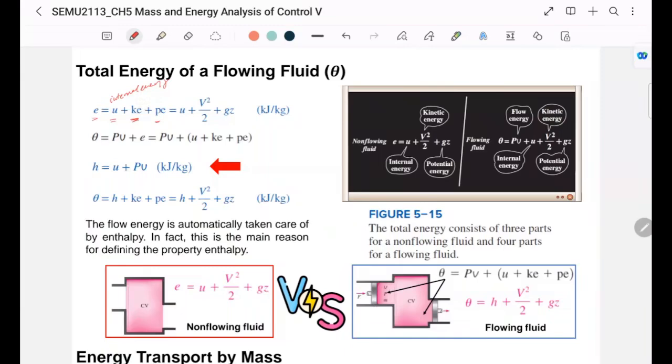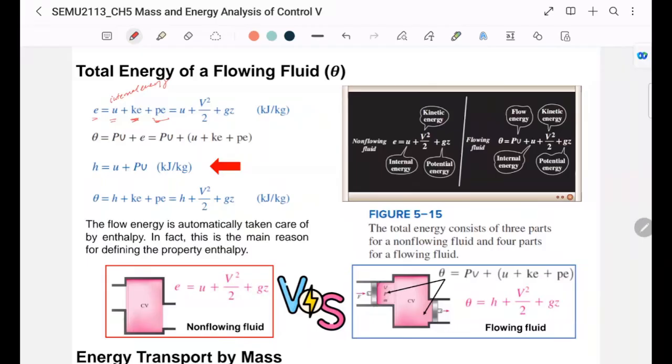So the fluid is moving, for sure it possesses kinetic energy. Depending on the situation, most of the time there is no potential energy in the fluid, because it doesn't involve change in elevation unless there is. I think in one of the examples later on, you can see there's a change in elevation in the fluid itself, so then there's a potential energy change.